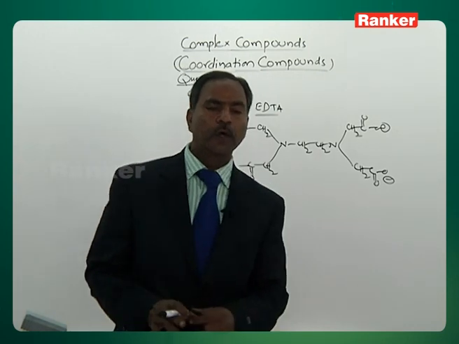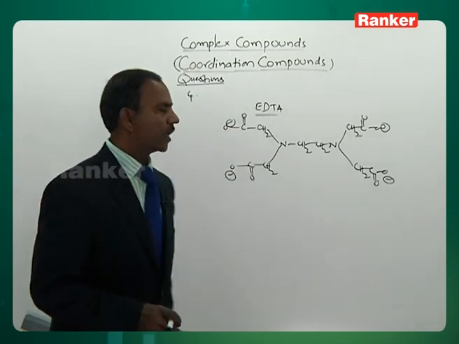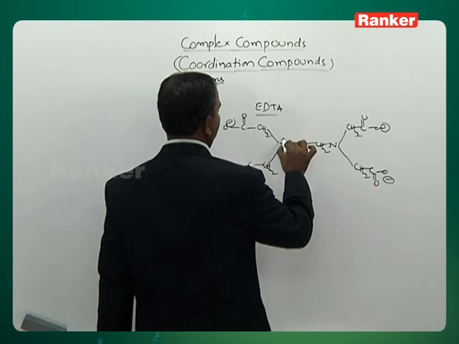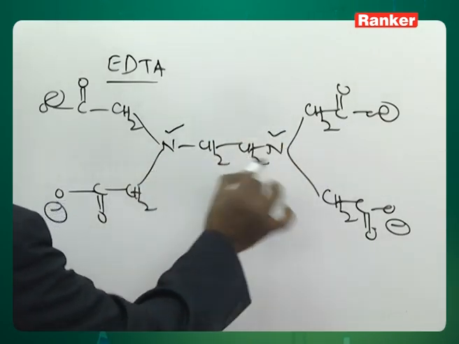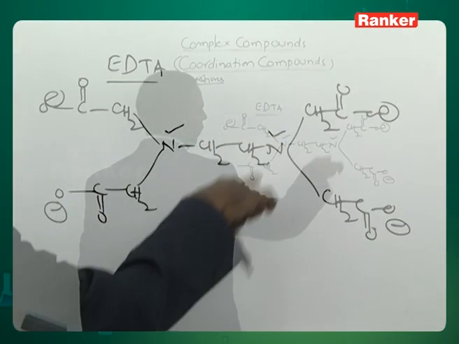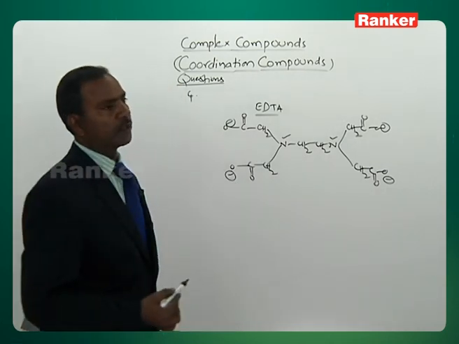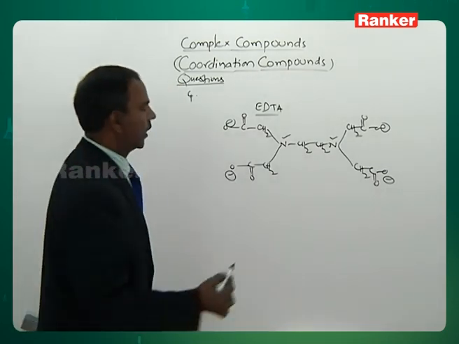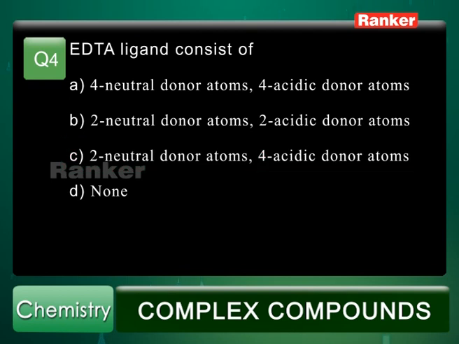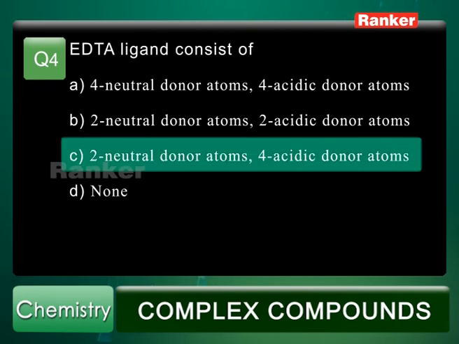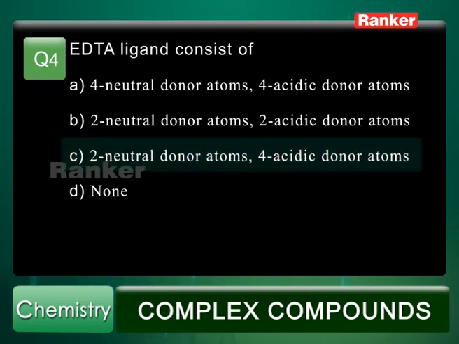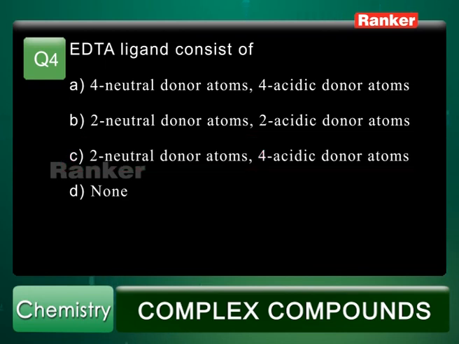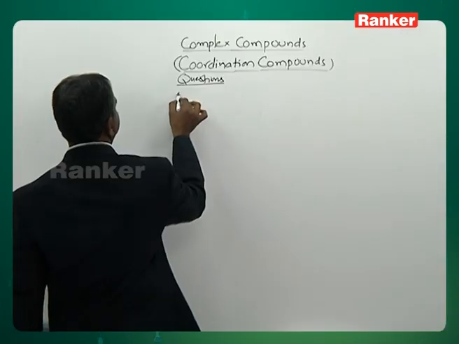Coming to C, 2 neutral donor atoms, 4 acidic donor atoms. Yes, this is a neutral donor atom, this is a neutral donor atom, and 4 acetate groups are there, that is 4 acidic donor atoms. So the answer is C.